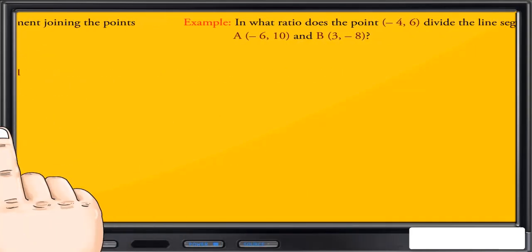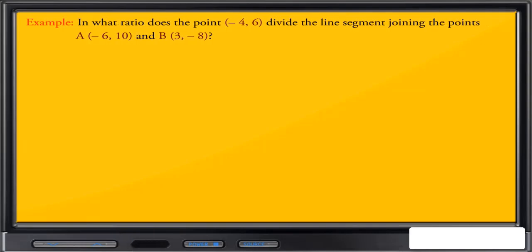Let us do one more example. In what ratio does the point (-4, 6) divide the line segment joining the points A (-6, 10) and B (3, -8)? The coordinates of the points A and B are (-6, 10) and (3, -8).